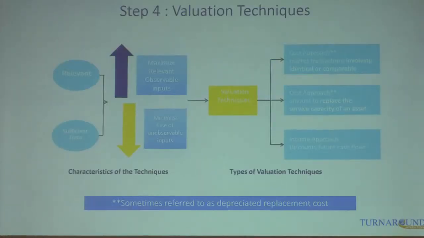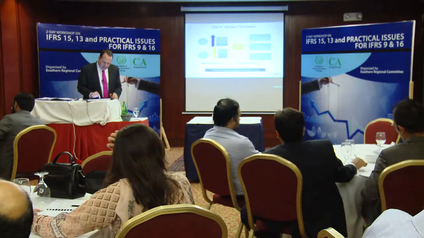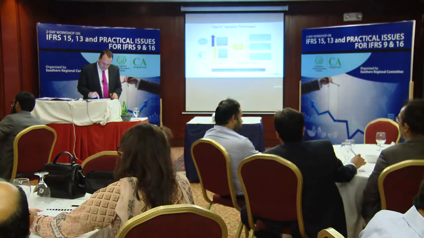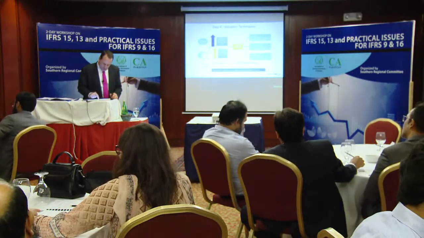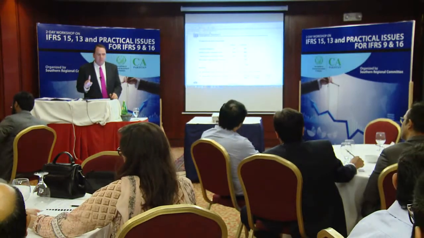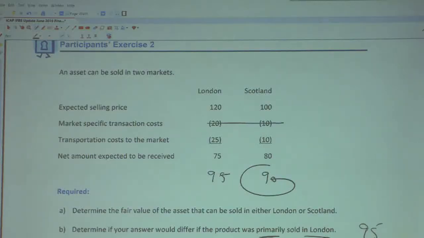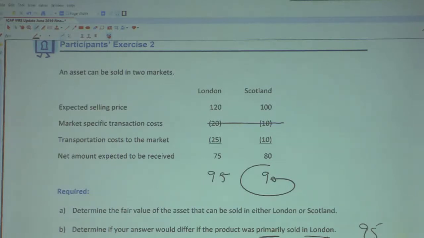Well, you picked, because where do you make the most money? Correct. But when you determine the most advantageous market, you pick, where do you get the best net price? Scotland. So when you select the market, you consider every single cost.